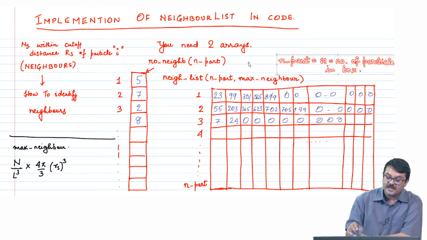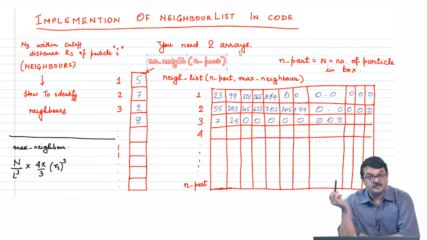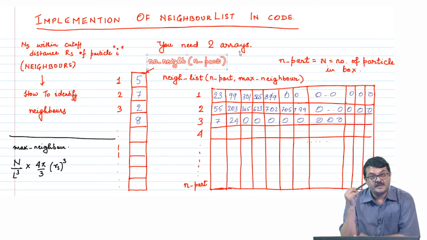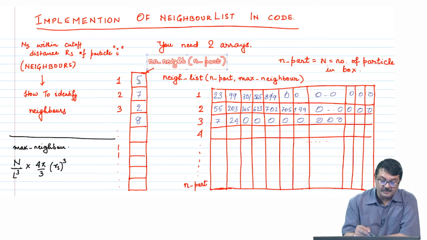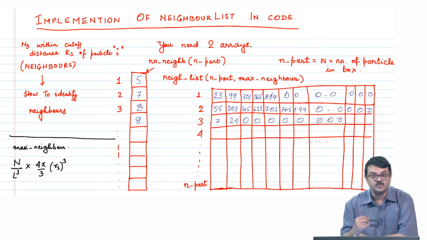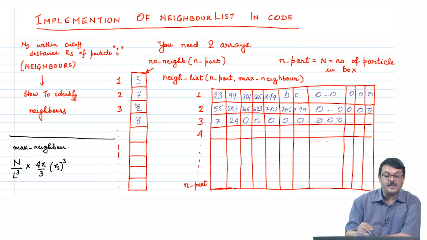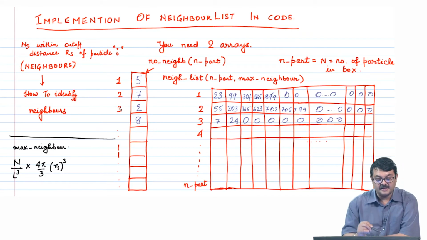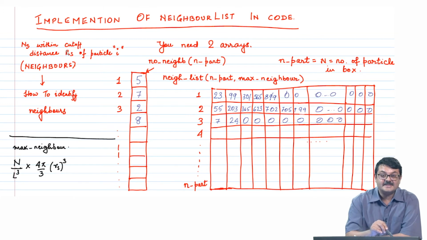You have to have an array, suppose number of neighbors, which says for each particle, particle 1, 2, 3, how many neighbors that particle has. Suppose particle number 1 has 5 neighbors, particle number 2 has 7 neighbors, particle number 3 suppose has 2 neighbors, which means there are 2 particles within distance r s of it.